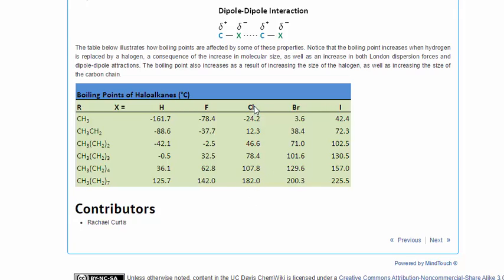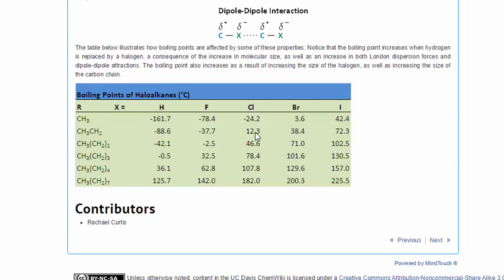Okay, but based on the table, room temperature would be somewhere between these two, which means at this point it would be a gas, at that point it would be liquid. So this is still liquid, then it's a gas. No?